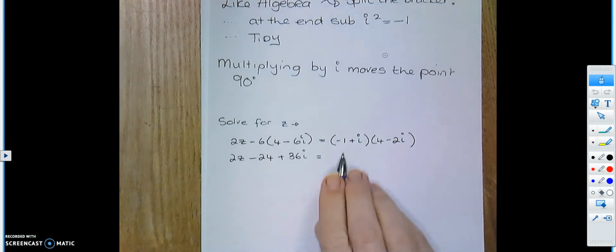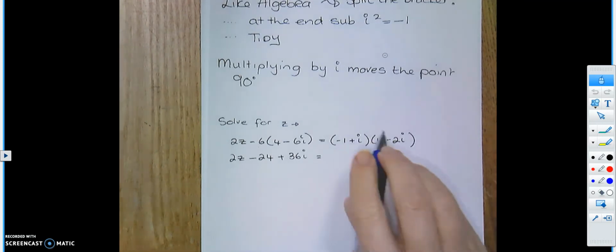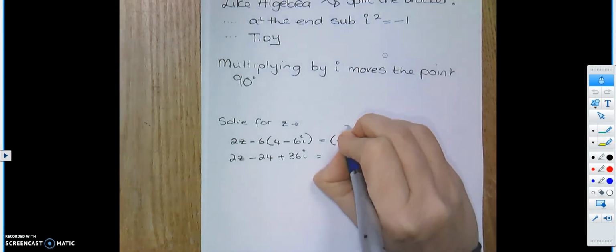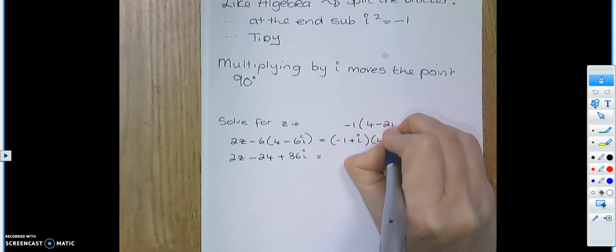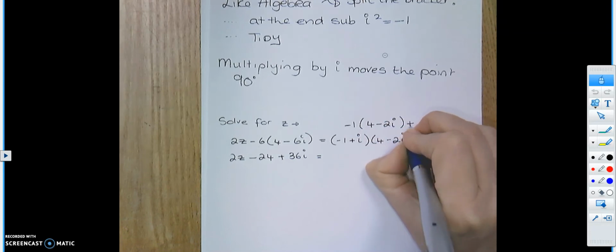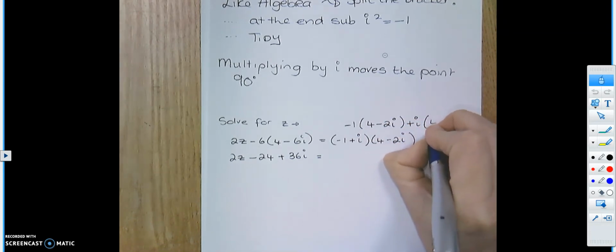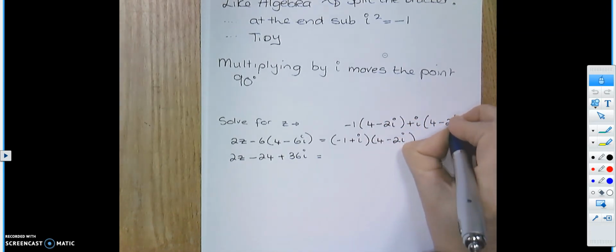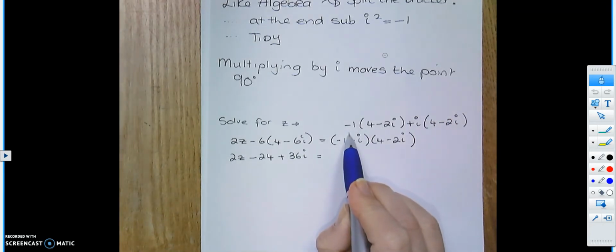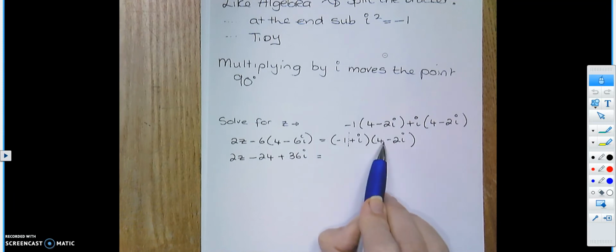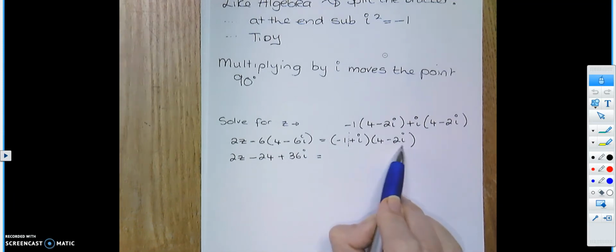For this thing, we are splitting the bracket. So what we have is we have a -1 times the second bracket plus i times the second bracket. All right, so we have split this bracket. It's like you imagine a little line going down here, and then this times all of that, and this times all of that.